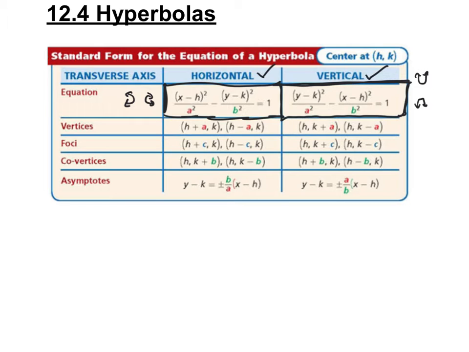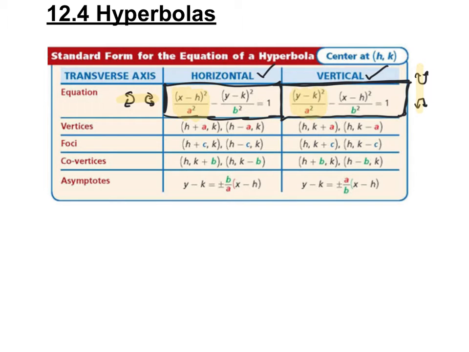What determines it is which term is positive. Typically, if we write it in standard form, the one that's positive will be written first. See how the x is written first? So it's going to be parallel to the x-axis. If the y is written first because it's the positive, then it will be parallel to the y-axis. So that's what you need to know.